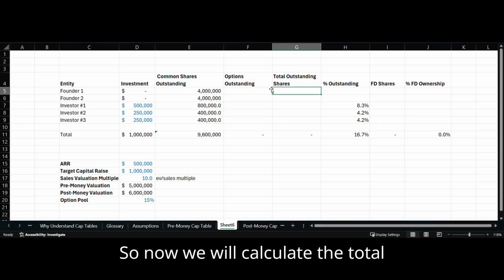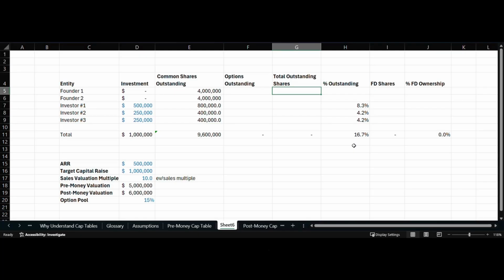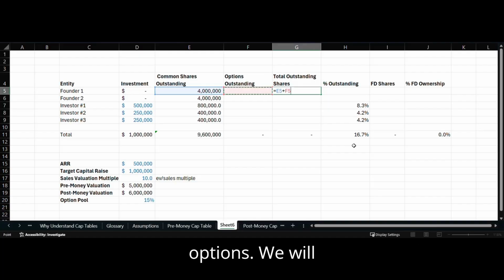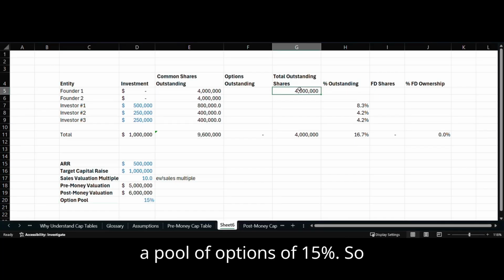So now we will calculate the total outstanding shares. In this agreement, nobody will be granted options. We will just authorize a pool of options of 15%.